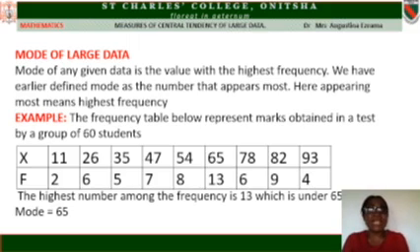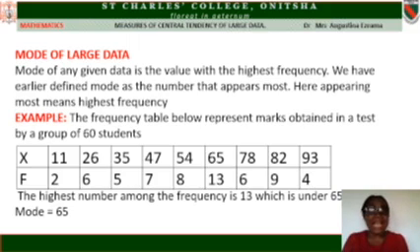The frequency now shows that 11 has 2, 26 has 6, 35 has 5, 47 has 7, 54 has 8, 65 has 13, 78 has 6, 82 has 9, and 93 has 4.